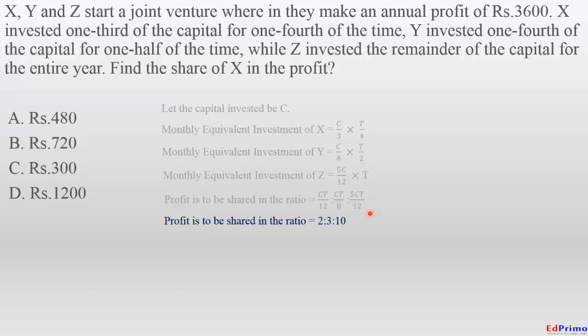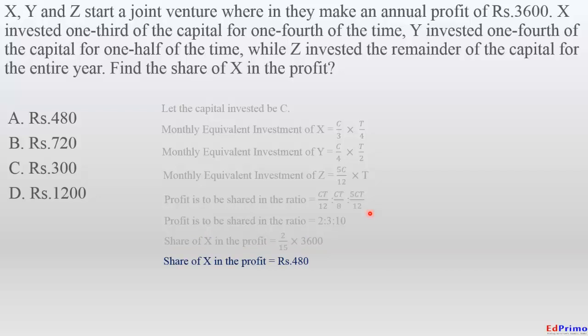X will get 2 parts of the profit, Y will get 3 parts of the profit, and Z will get 10 parts of the profit, and totally we have 15 parts, and therefore the share of X would be 2 by 15 into the total profit for the year 3,600, which is Rs 480.